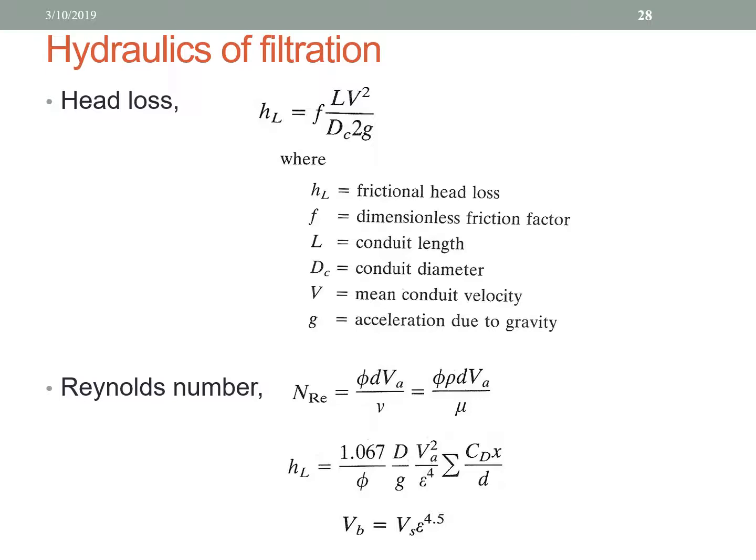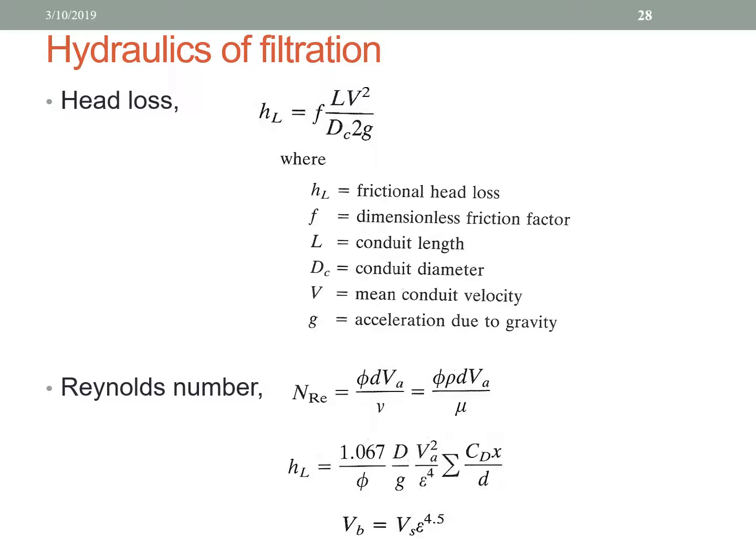At the bottom, I put another formula, that's h_L equals 1.067 over phi times D over g. D is depth, g is gravity, v_a is velocity over epsilon squared times sigma C_D x over d.